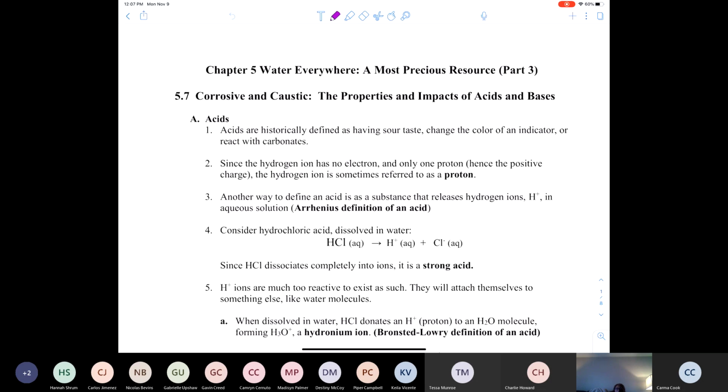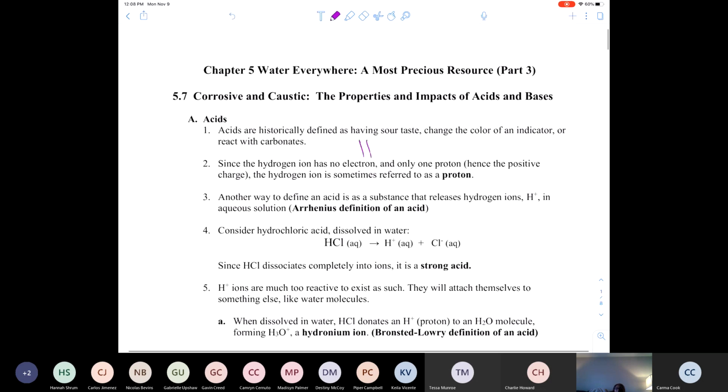And also, when studying acids, acids always will contain a hydrogen ion, H+. H+ is formed from the hydrogen atom.